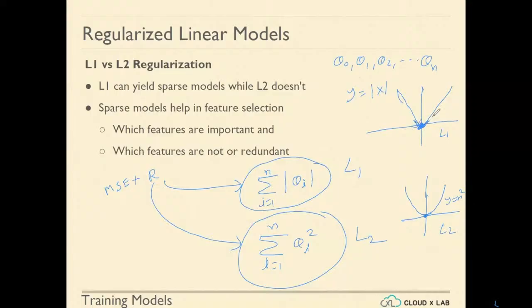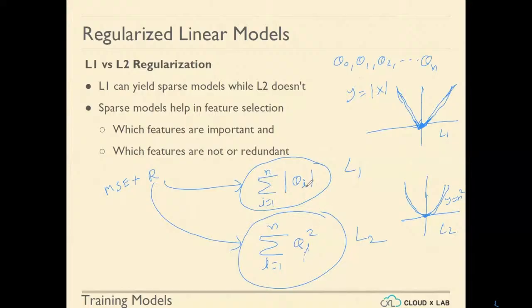As you can see here, it will make values perfectly zero. L1 norm will make values perfectly zero because of the shape of y is equal to mod x, right? But here, values will become very, very small, but not exactly zero in case of y is equal to x square. So if you are using this type of regularization, it will reduce theta I. It will make theta I very, very small.